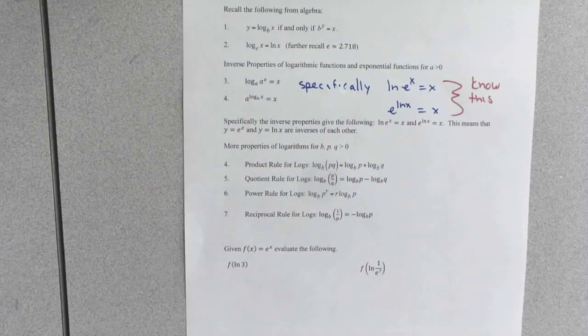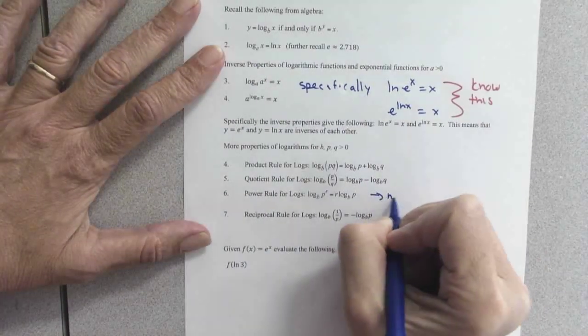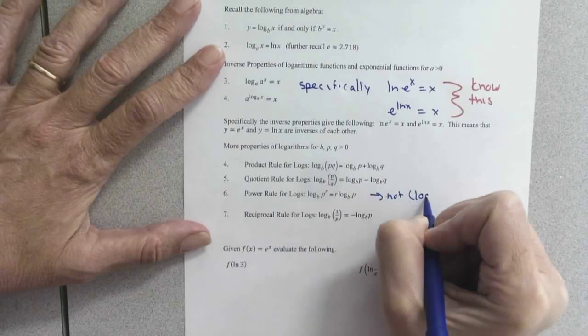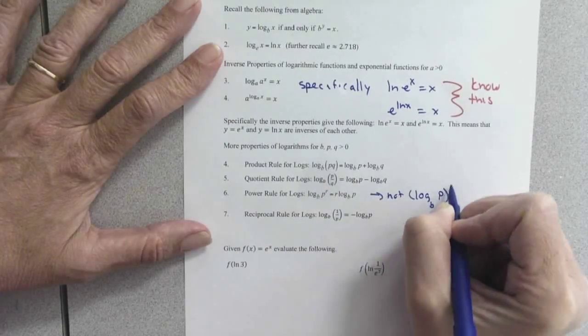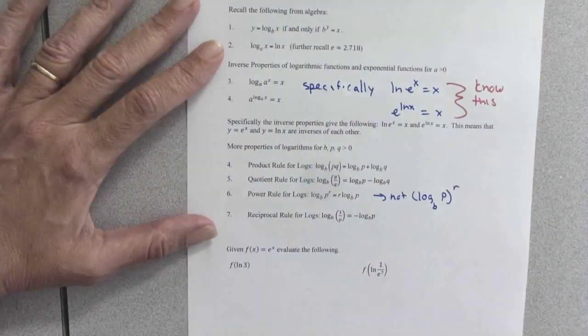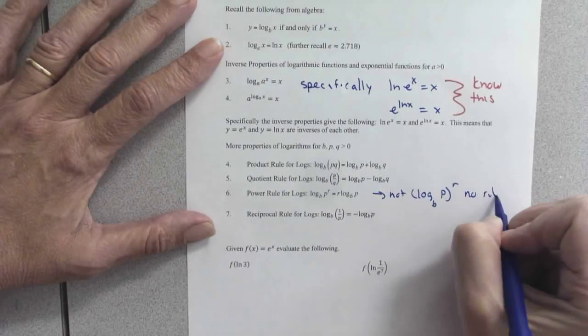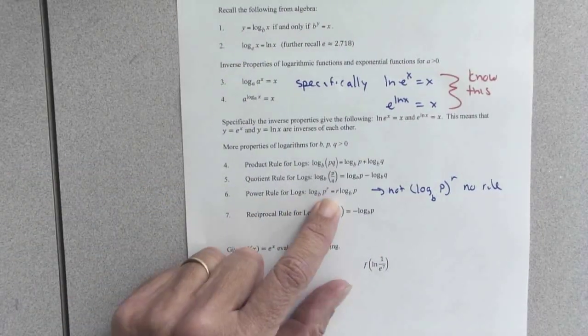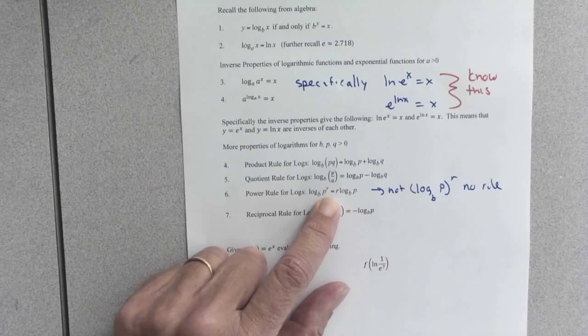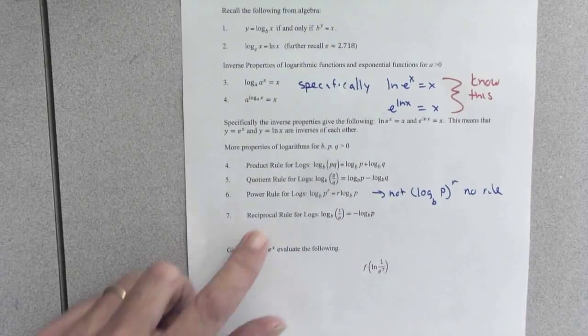Important to notice that r is on just the argument. It is not the same as log base b of p, all to the r. There's no rule for that. The r is just on the p.